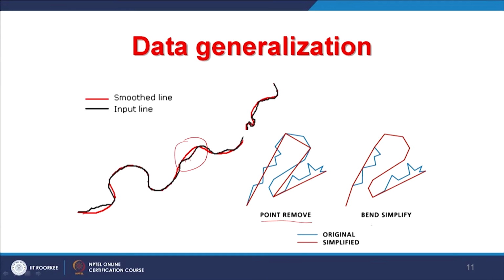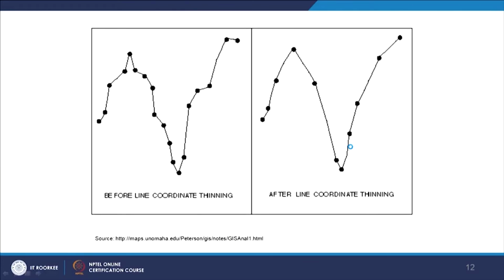In the same way, if I want a more accurate representation of bends based on that data, it can be done. So the bend has been preserved from the original, but the rest has been removed. While things are getting removed, I am removing the nodes and internodes, and while doing this I am reducing the data. That is why it is data reduction, and at the same time I am achieving generalization.